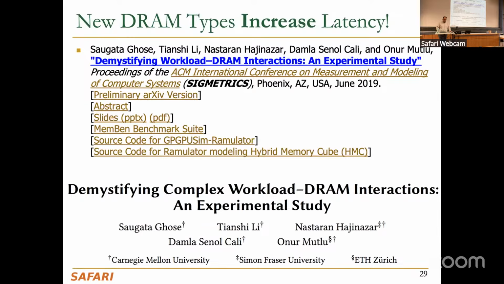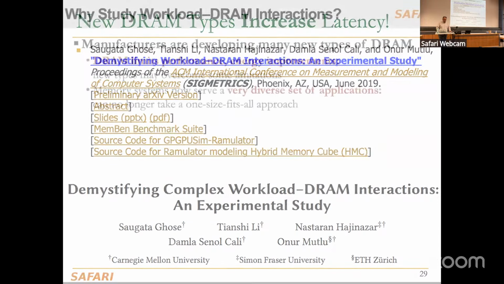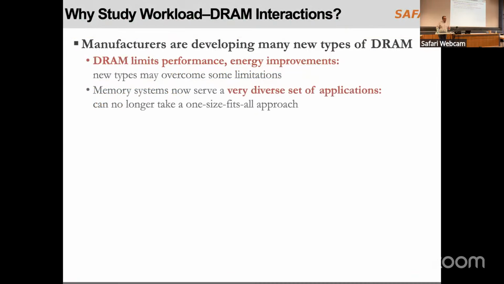And also, interestingly, new DRAM types increase latency. Here's an analysis that we have done some time ago, and I'm going to go over it very quickly. We wanted to study workload-DRAM interactions. Manufacturers are developing many new types of DRAM, and we know that DRAM limits performance and energy improvements.